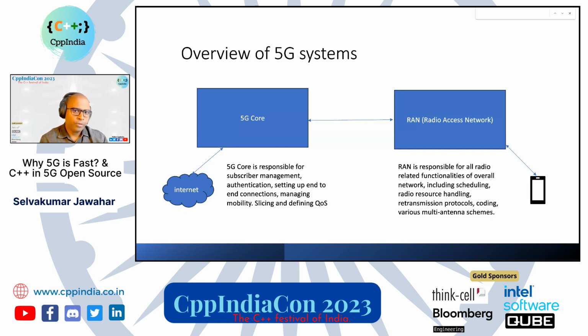5G core also adds something like QoS and slicing to the existing 4G core. QoS is quality of service, where in 5G core you can define that for certain customers or certain cell sites, you need certain capabilities. One thing you should remember from part 1 of this talk is that 5G is highly configurable. It can work in different bands.